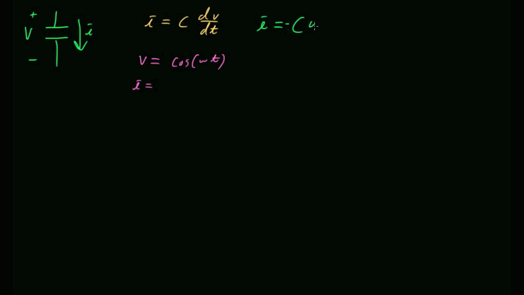Minus omega sine omega t. And we've already converted that to a cosine, haven't we? So that's going to be equal to minus, oh no, not minus, omega C cosine omega t plus pi over 2. Woo!